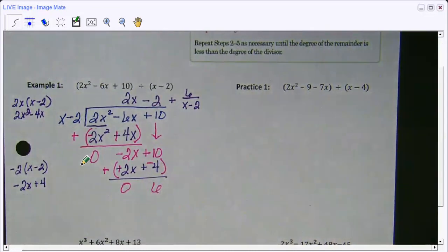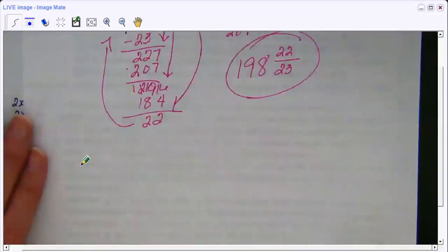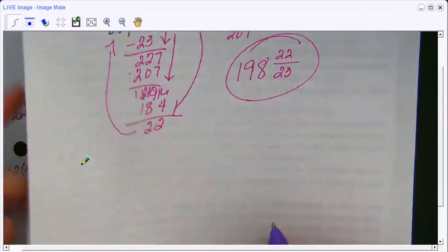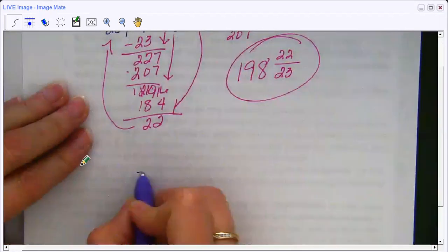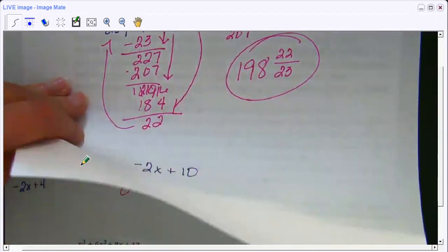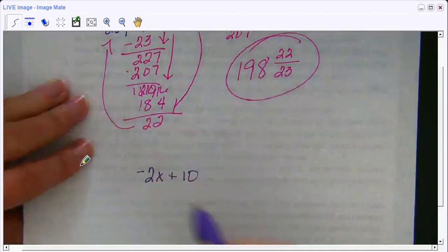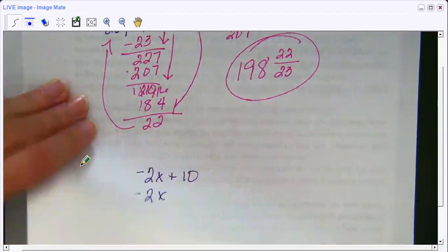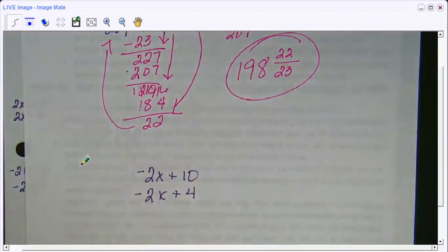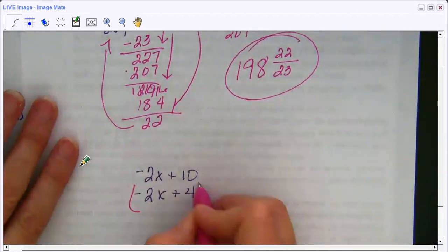Okay, let me show you something. I want you guys to pay attention to this because you may not have to flip them if you get the concept here. We have negative 2x plus 10, right? And then we had negative 2x plus 4. And what we had to do is subtract these two.